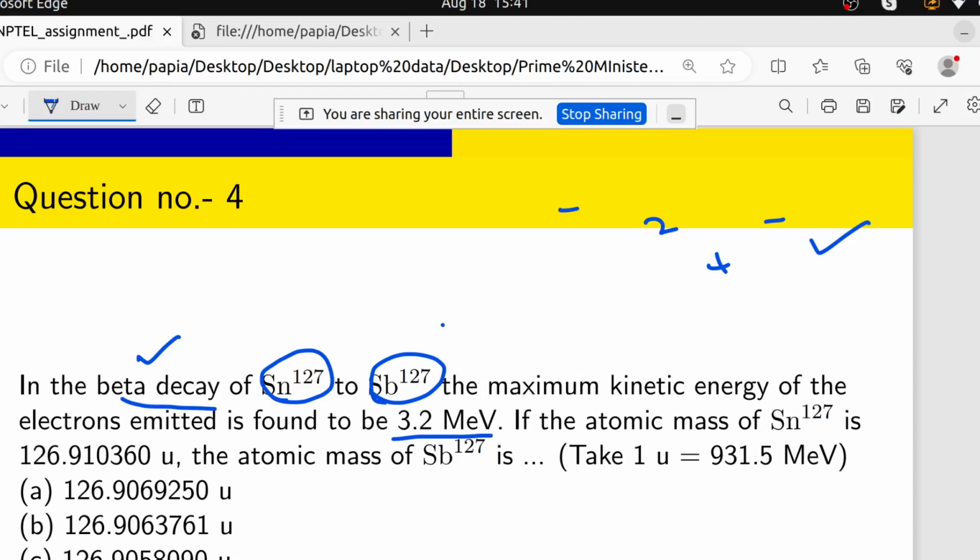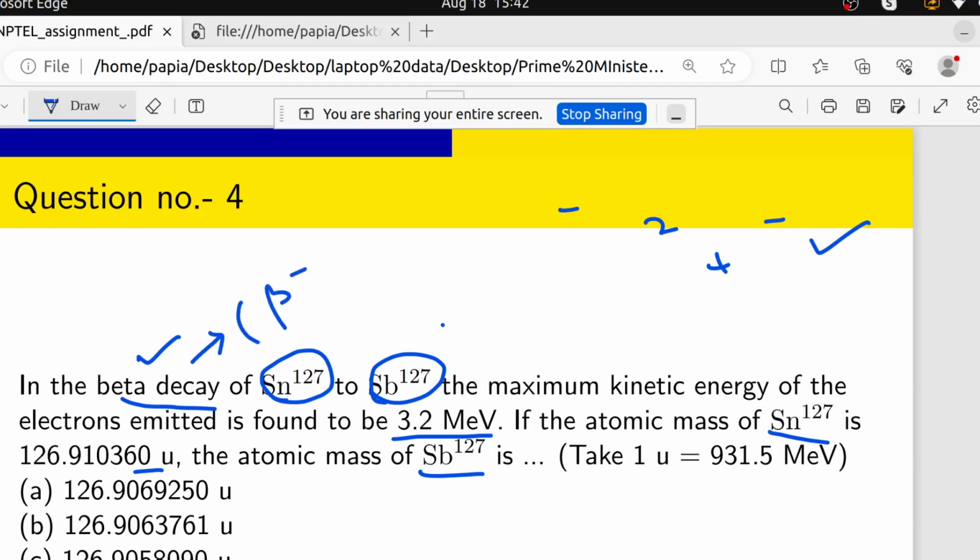So if the atomic mass of Sn-127 is this one, then what will be the atomic mass of Sb-127? So I was just calculating a very general expression for the Q value, so that it will be applicable for all of the decays, because this is beta decay.